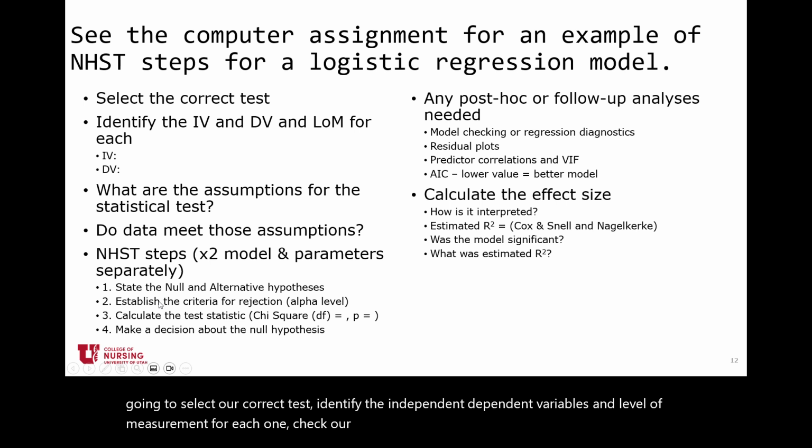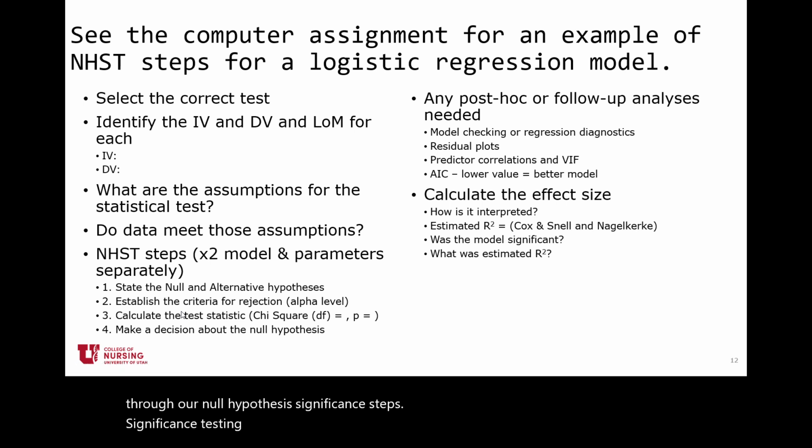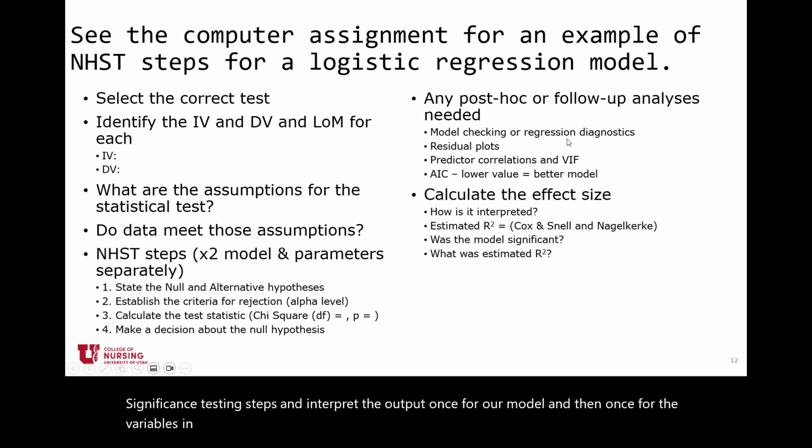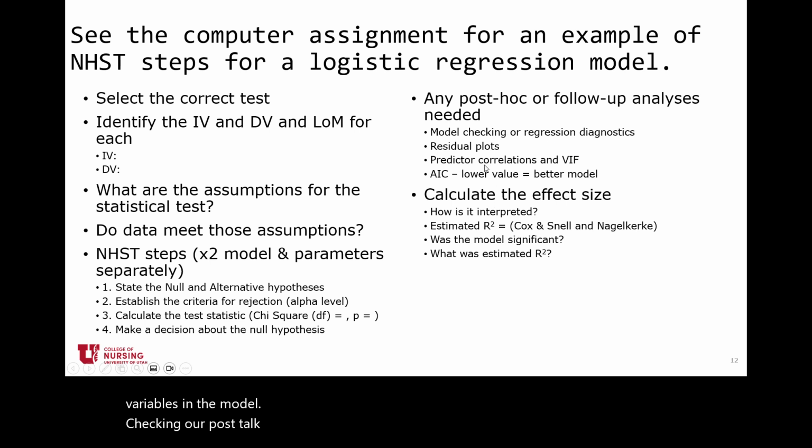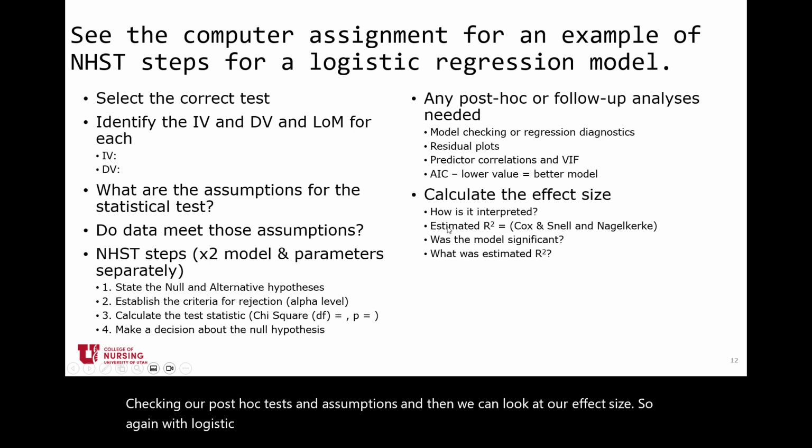If the data meet the assumptions, we go through our null hypothesis significance testing steps and interpret the output, once for our model and then once for the variables in the model. Then we check our post hoc tests and assumptions, and look at our effect size. With logistic regression, we're going to use an estimated R squared, and you'll just report both Cox and Snell and Nagelkerke.